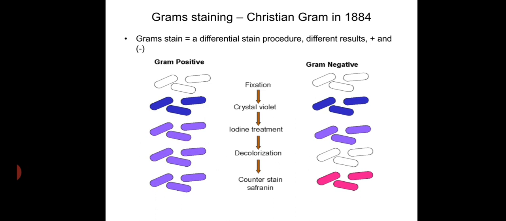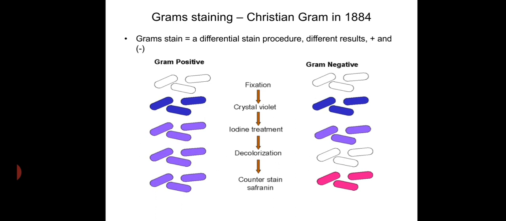In the case of Gram negative bacteria, the bacteria do not retain the crystal violet because they possess a relatively thin cell wall, approximately 10 nanometers.